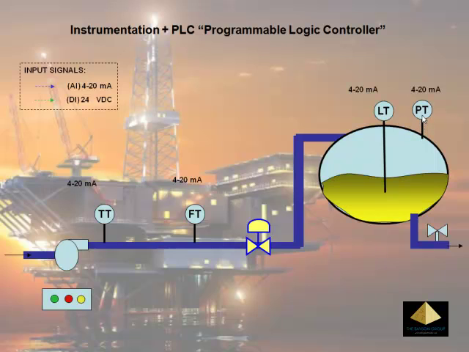Thus, this is now called a pressure transmitter. The purpose of converting this one form of energy into electrical current is for it to be able to be interfaced to our PLC or programmable logic controller.